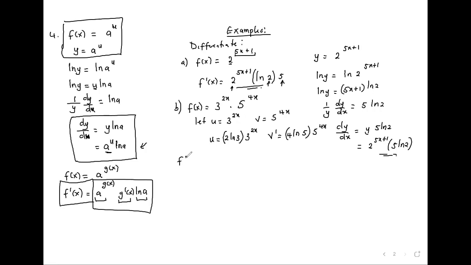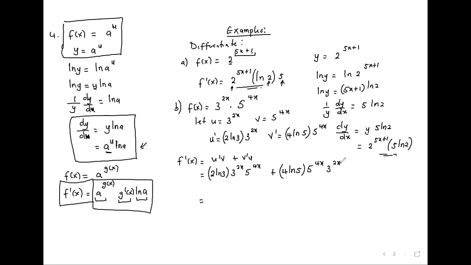So that f prime of x becomes u prime v plus v prime u, giving us, this is u prime, so we get 2 ln 3 and then 3^(2x) multiplied by v, which is 5^(4x), plus v prime is 4 ln 5 multiplied by 5^(4x), u is 3 to the power 2x.